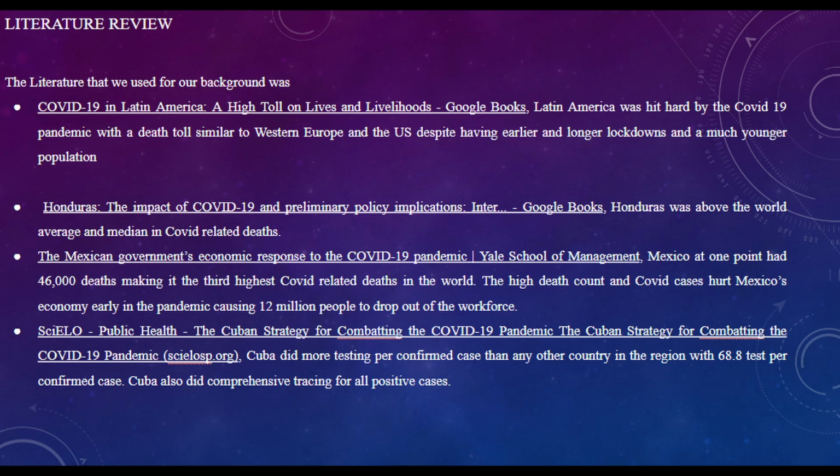Mexico at one point had 46,000 deaths, making it the third highest in COVID-related deaths in the world. The high death count and COVID cases hurt Mexico's economy early in the pandemic, causing 12 million people to drop out of the workforce. And Cuba did more testing per confirmed case than any other country in the region, with 68.8 tests per confirmed case. Cuba also did comprehensive tracing for all positive cases.